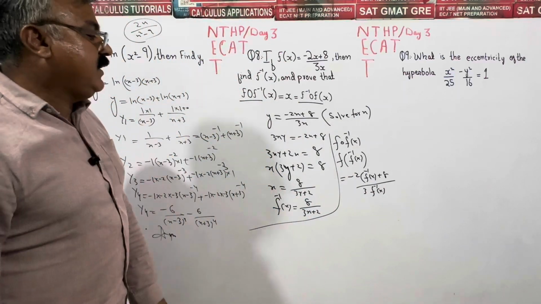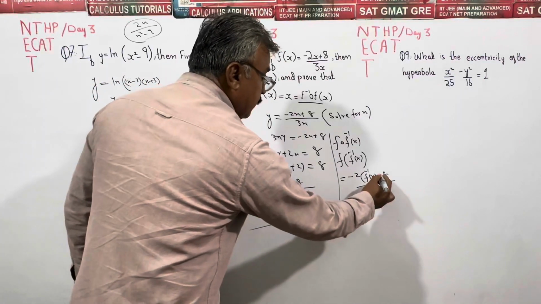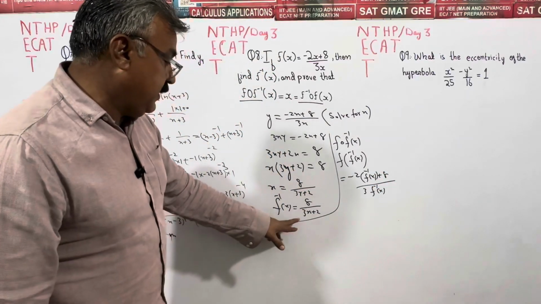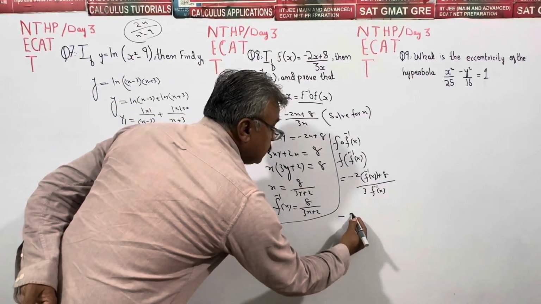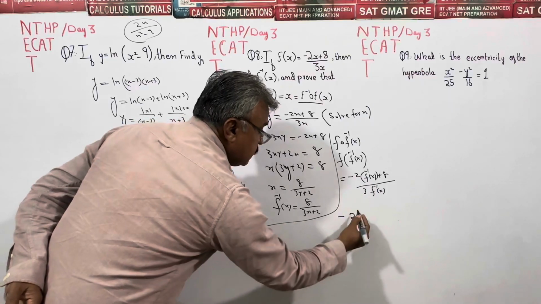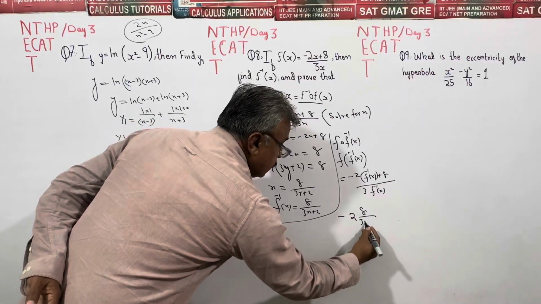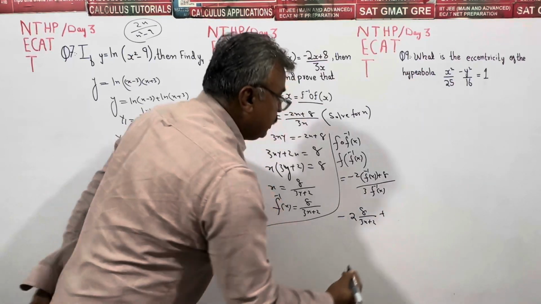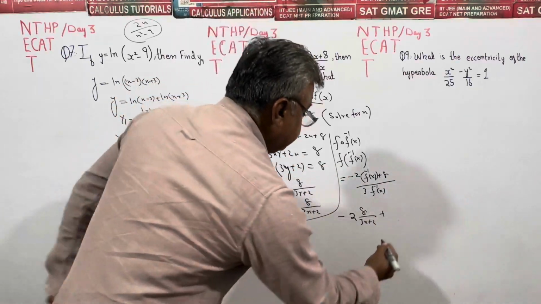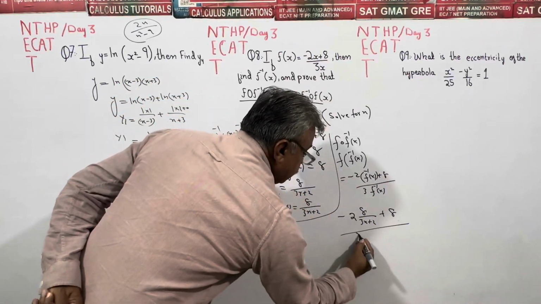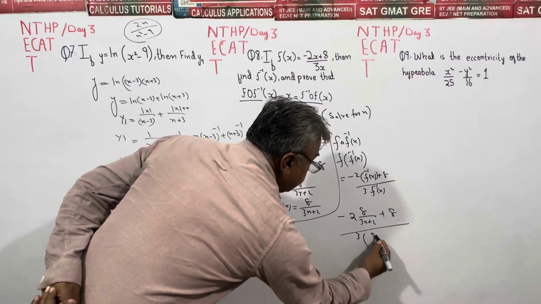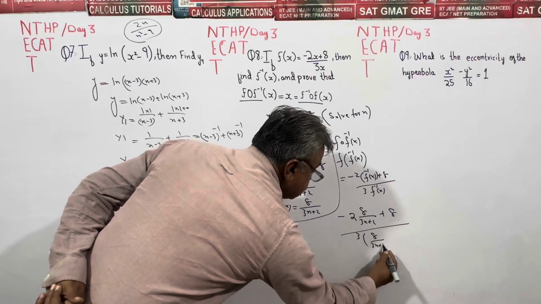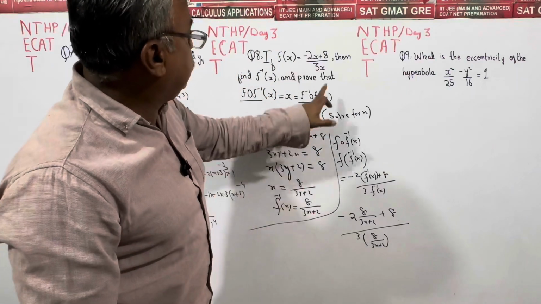Good. Now we are in a position to put in the value of f inverse x that we have just calculated. It's our inverse, 8 over (3x minus 2). So we have 2 times 8 over (3x minus 2) plus 8, over 3 times 8 over (3x minus 2).